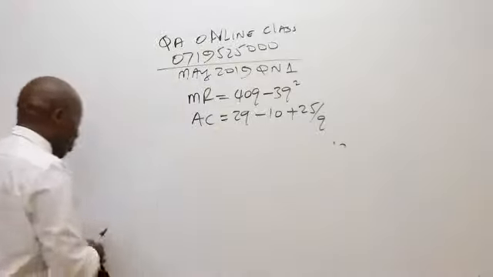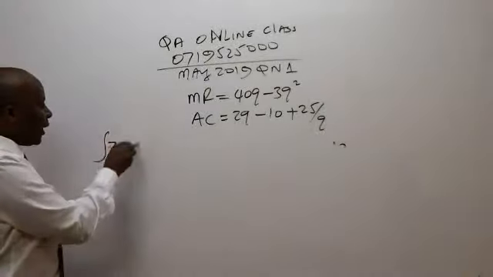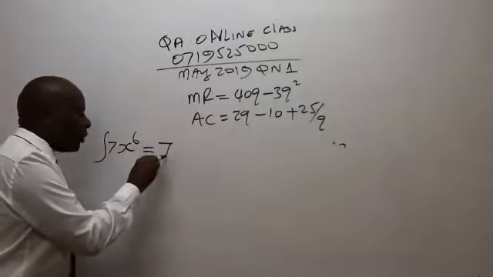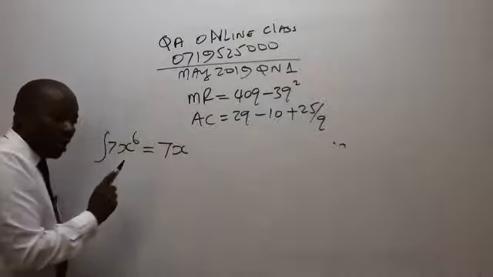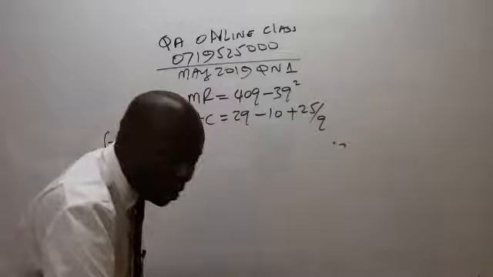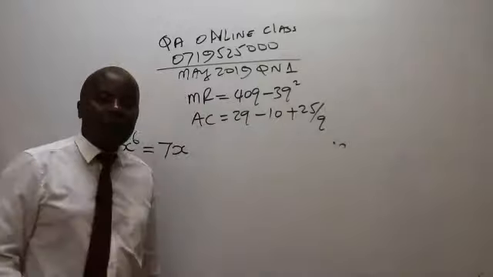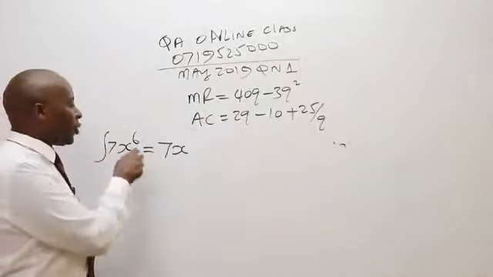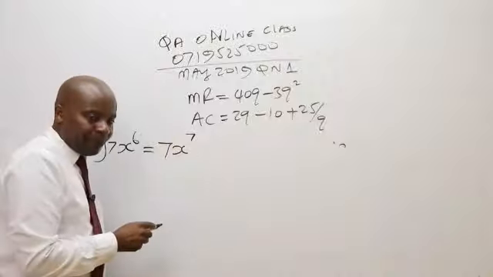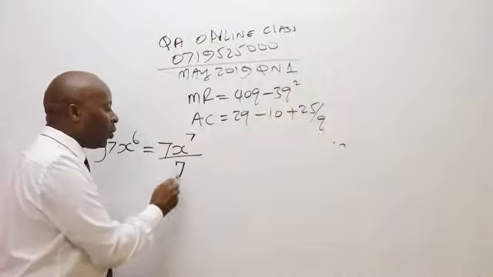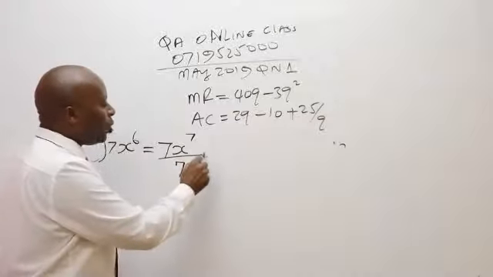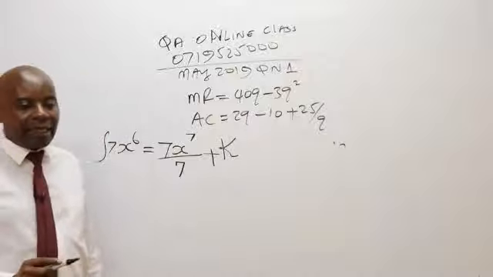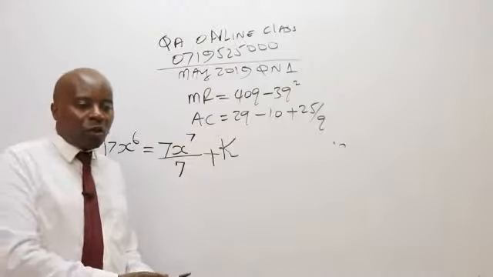If somebody tells you to integrate 7x raised to power 6, this will be 7x raised to a new power. How do we get our new power? We always increase the old power by 1. So in this case this will be 6 plus 1, which gives me 7, all over the new power, which is 7. And then, of course, as usual, it cannot end without a constant of integration.